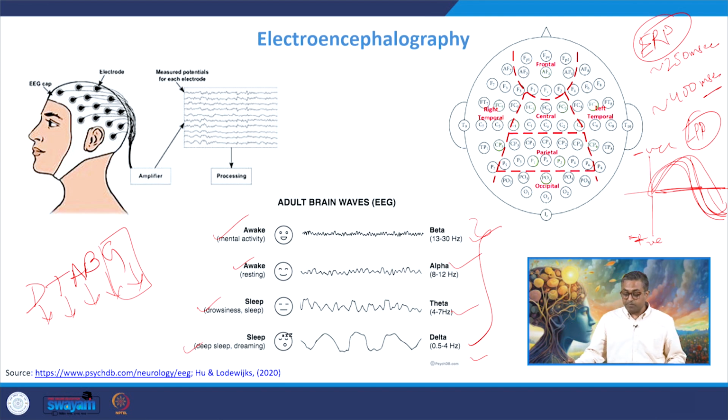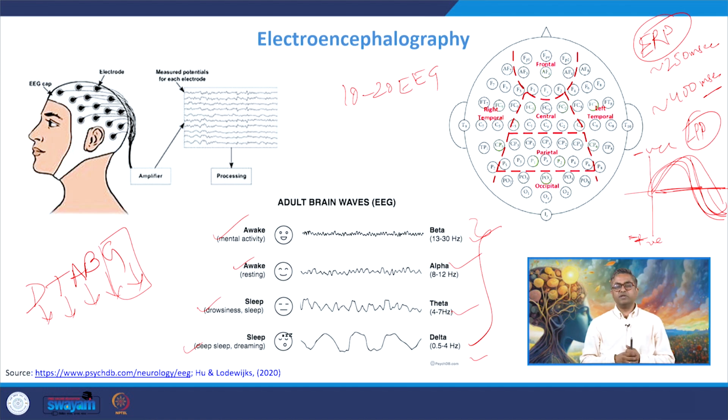Using this EEG, electroencephalogram, one also has to understand that the 10-20 EEG system is a very common method where the entire skull is divided using a 10-20 ratio distribution.